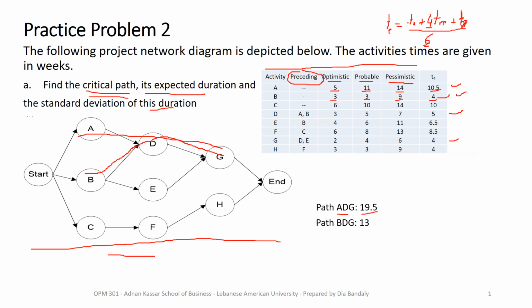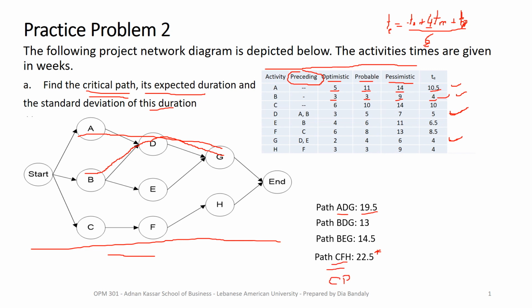So that's 4 plus 5 again, so that's 9, and G is 4, so that's 13. Now path BEG, we do the same and we get the expected duration to be 14.5. And finally, the path CFH has a duration of 22.5. You notice that this is the longest path, which makes it our critical path, right? So this is our critical path.